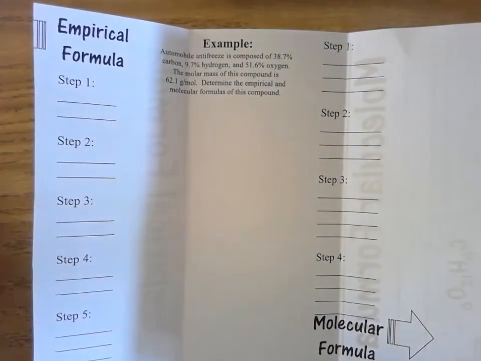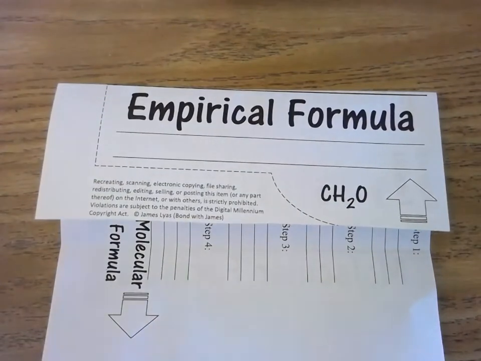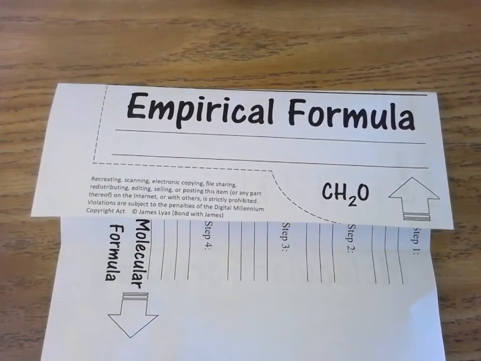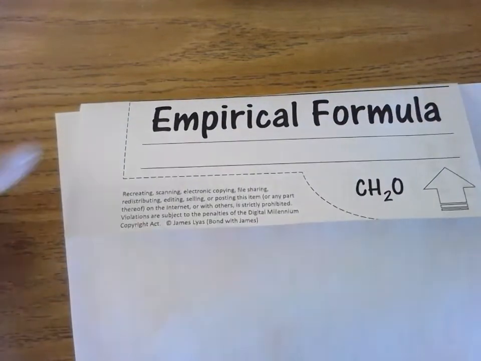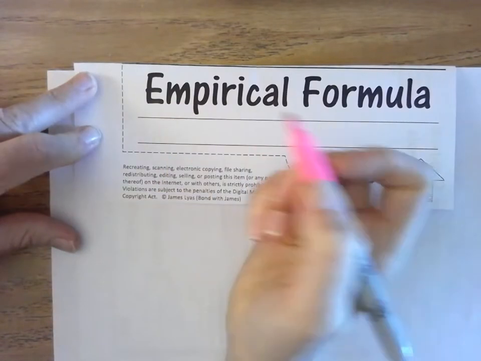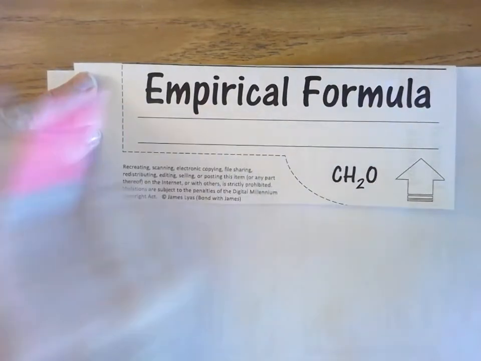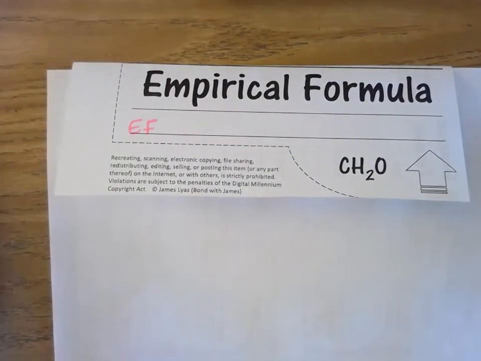Alright, so we're going to focus on the empirical formula first. We're going to do that part first. The abbreviation for empirical formula, the one that we use, is EF.